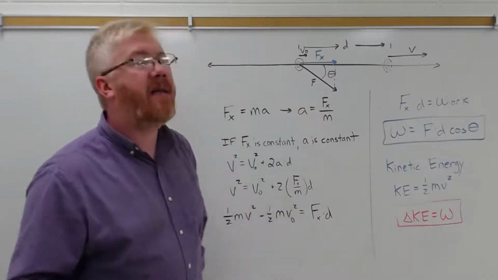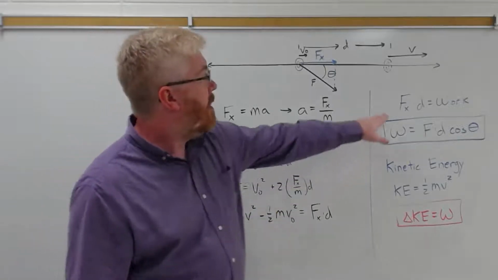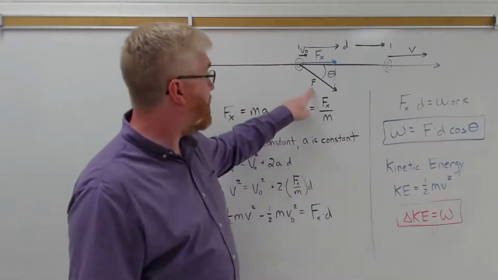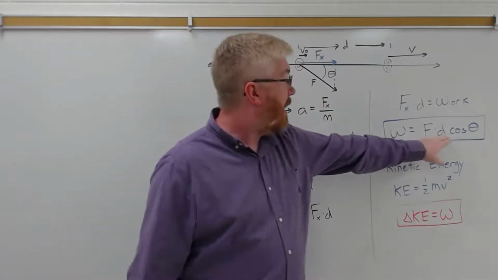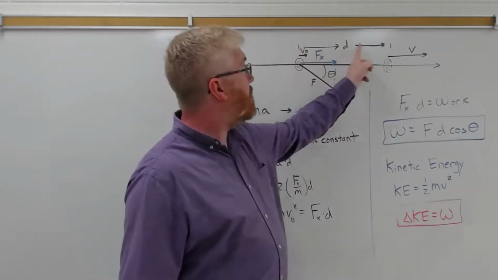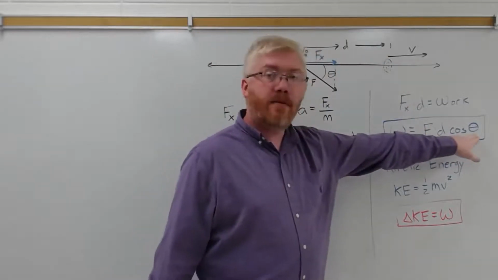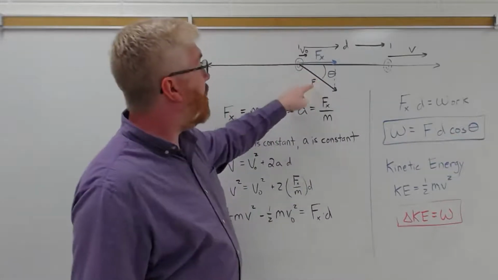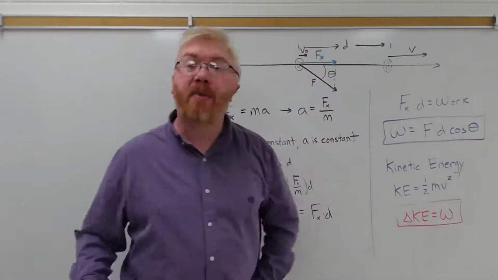So we have to represent that through algebra. Basically the work is equal to the force applied, times the displacement that force goes through, times cosine theta, where theta is the angle between the force and the displacement.